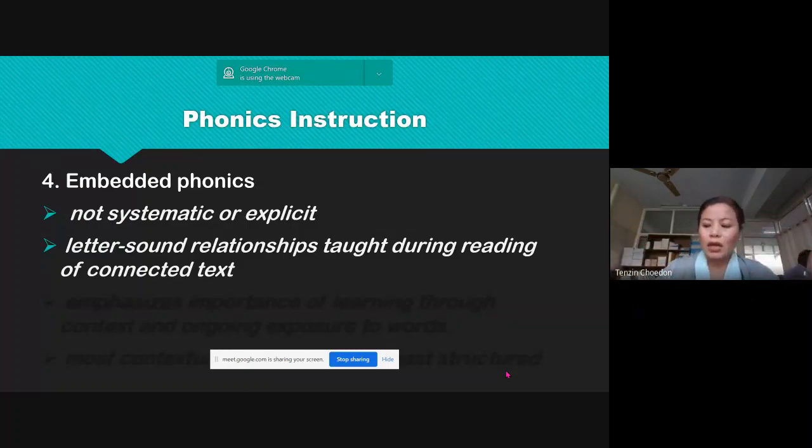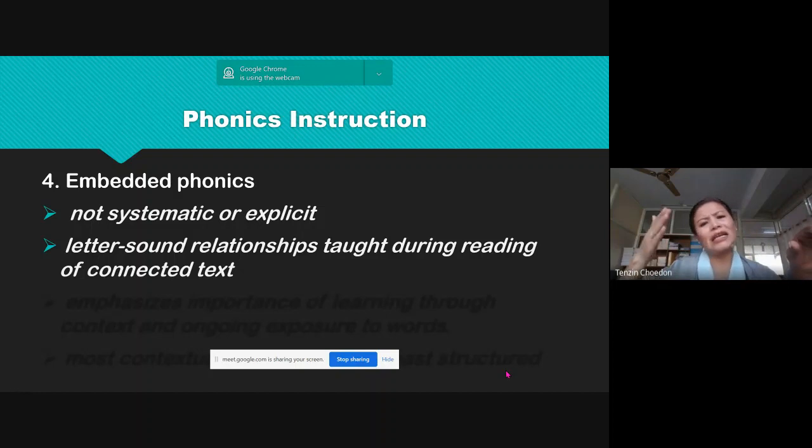Suppose a reading class is happening and a teacher is reading a story. The teacher feels, yes, now we have a word which we need to introduce to the children, and how it has to be broken down into smaller parts. So it's like waiting for a teachable moment, connected to text.